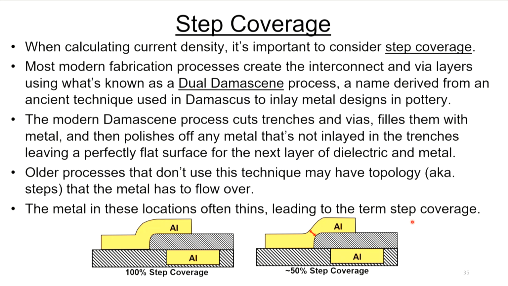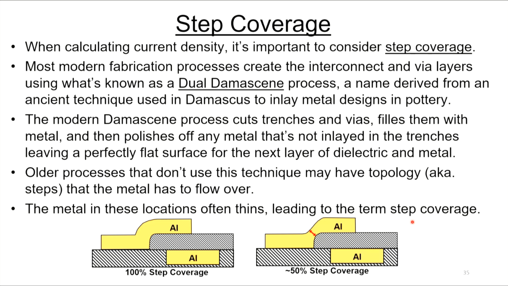Okay, step coverage. So when calculating current density, it's important to consider step coverage. Most modern fabrication processes create the interconnect and via layers using what's known as a dual Damascene process. That's a name derived from an ancient technique used in the city of Damascus to inlay metal in pottery.